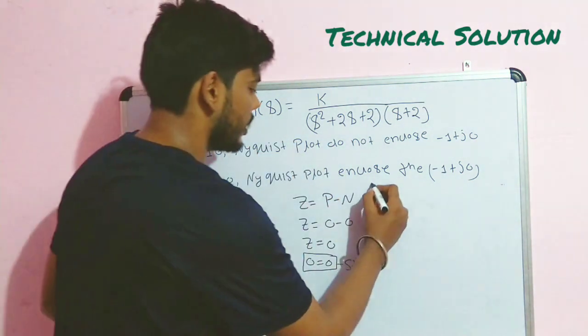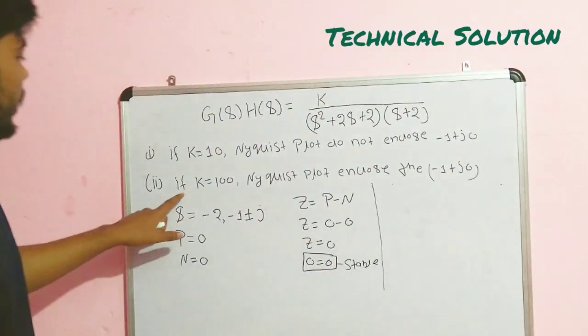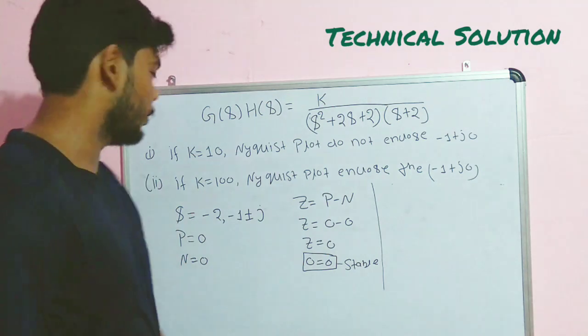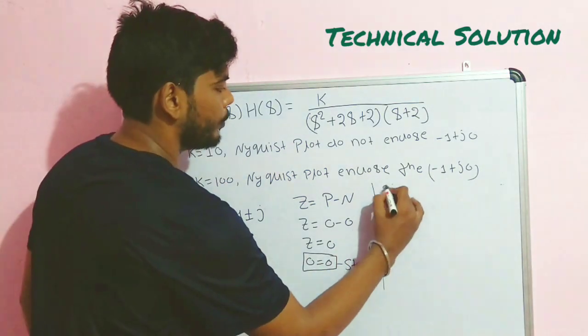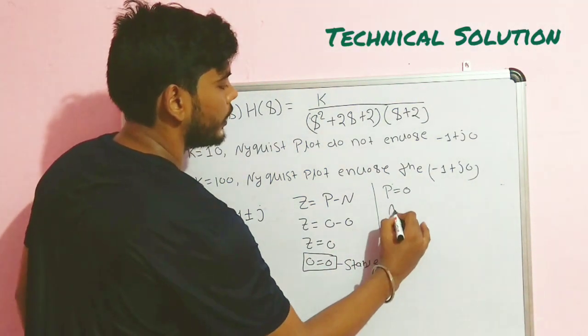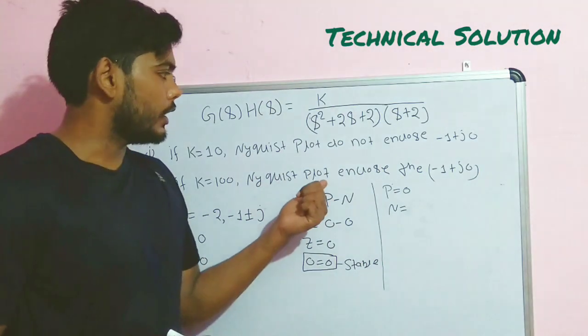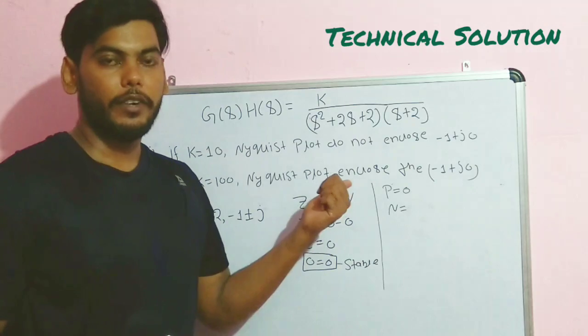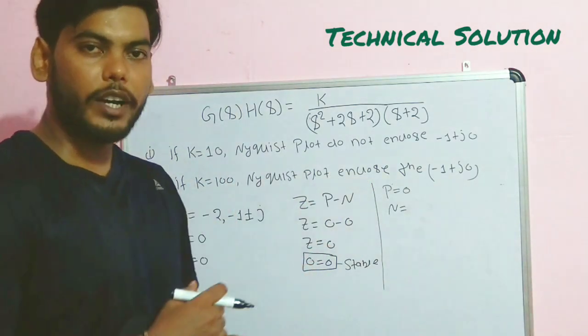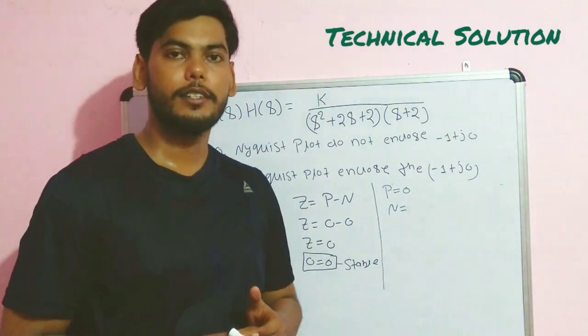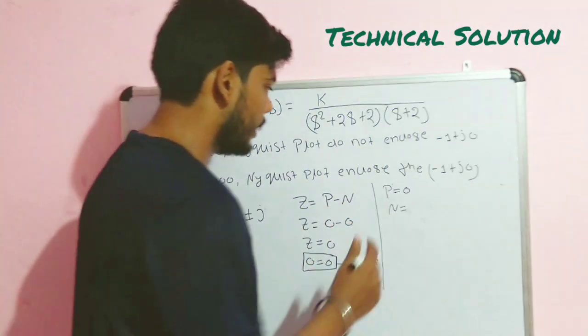Let's check the next condition. If K is equal to 100, the Nyquist plot encloses minus 1 plus j0. Similarly, the value of P is equal to 0, and for N, it's not given whether it is clockwise or anti-clockwise. So let's say it is clockwise.